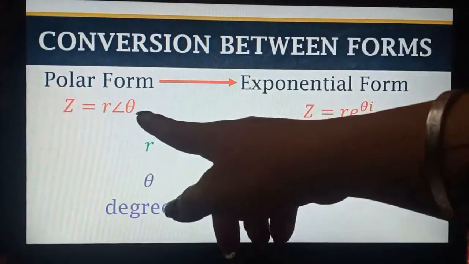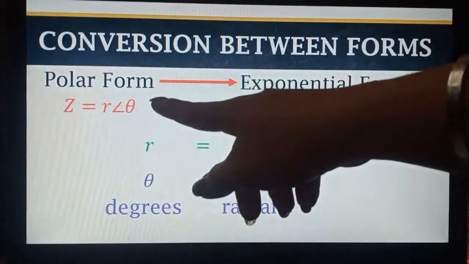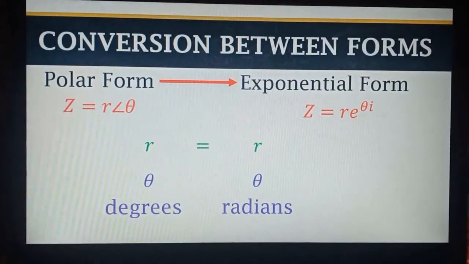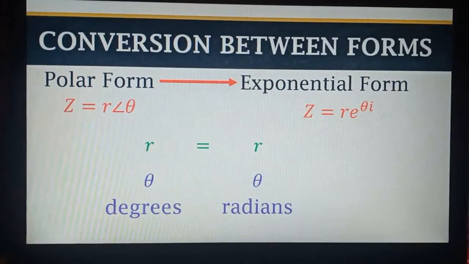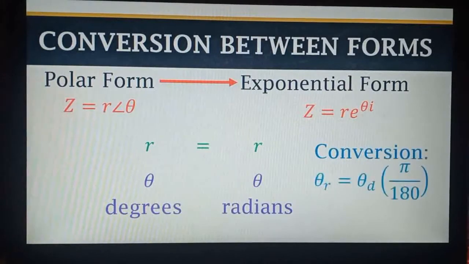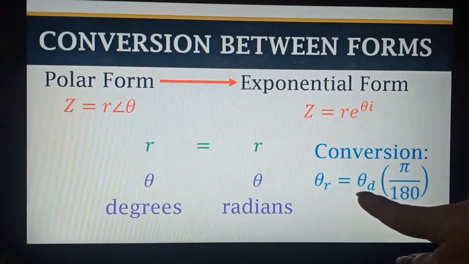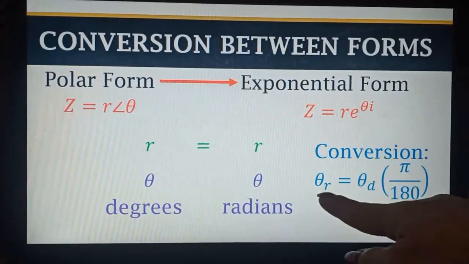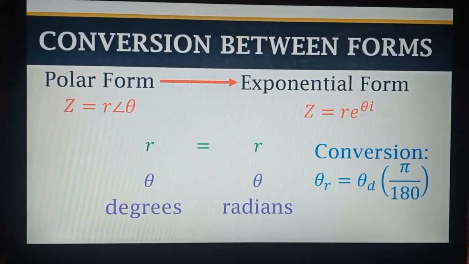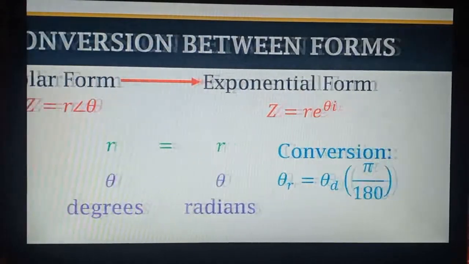So if you were given a polar form with the degree angle, and we convert it into exponential form, your theta must be converted into radian. For the conversion from degree to radian, you multiply the degree by pi over 180, then you will get your theta in terms of radian.